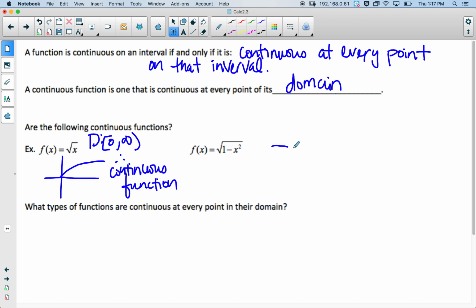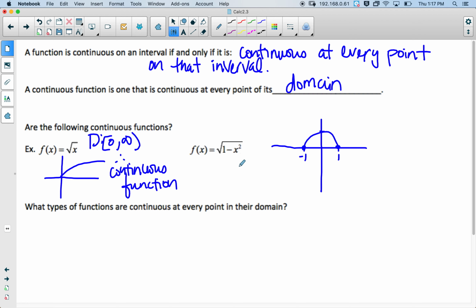Okay, this function right here, I don't know if you can recognize it, but actually is a semicircle from -1 to 1. You could put that in your calculator if you want. And it looks like this. That's a little crooked, but you get the idea. And actually, this value is included. So if I put in a -1 here, I get the square root of 0, which is 0.